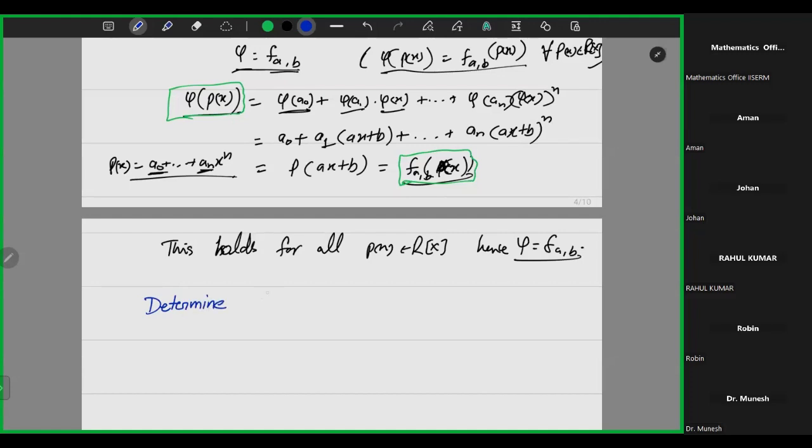f_ab composed with f_a'b'. The composite map.